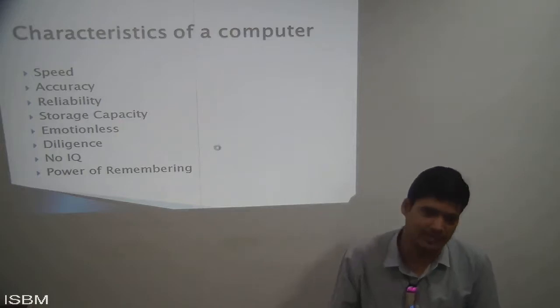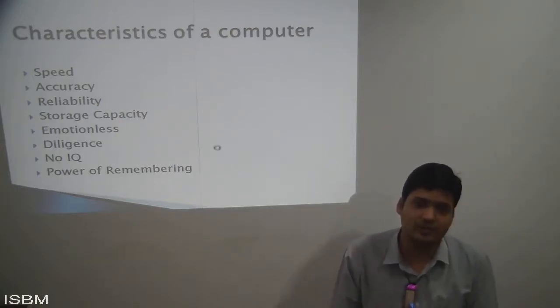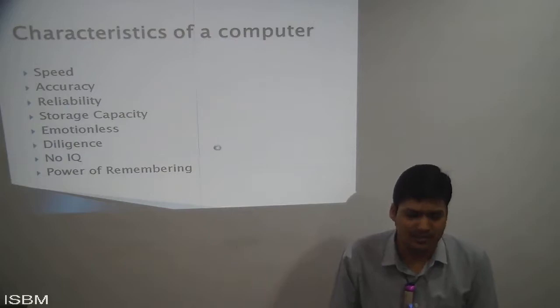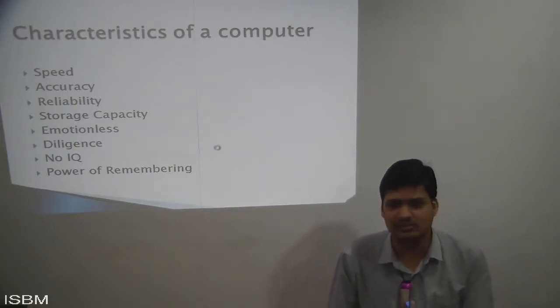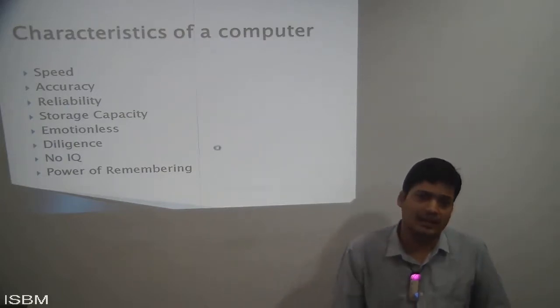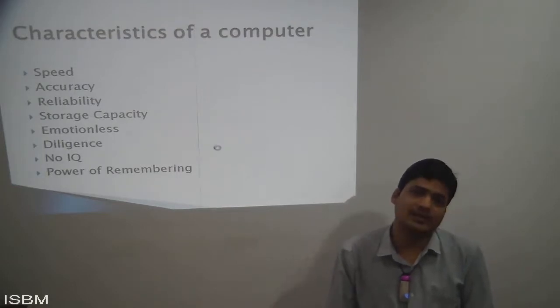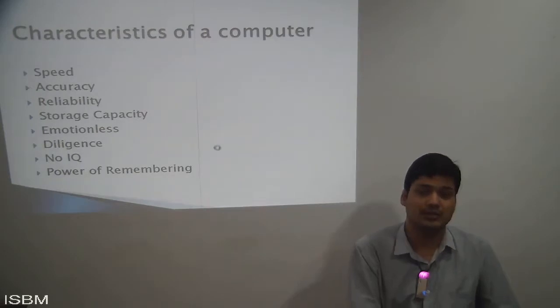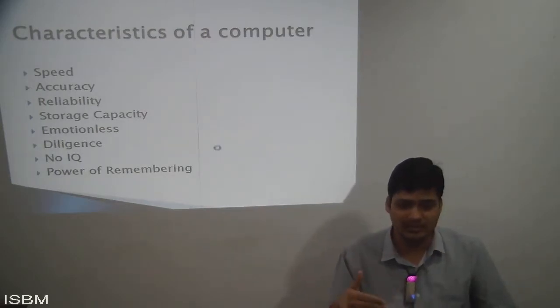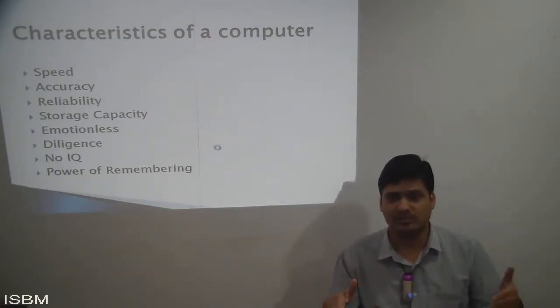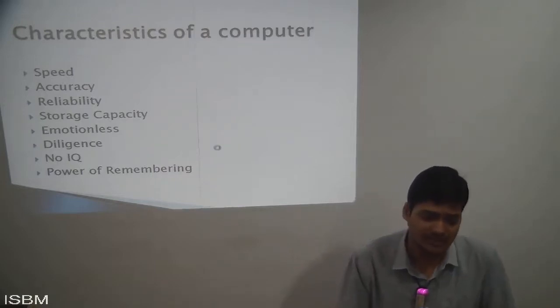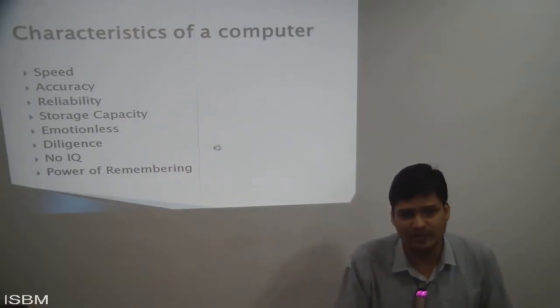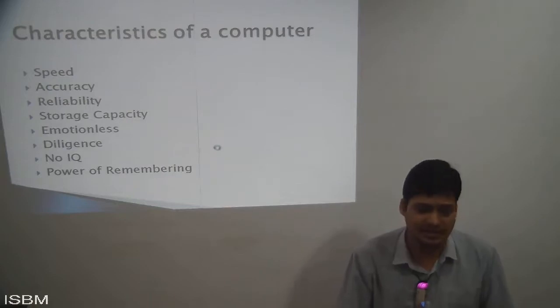If I do not remember where I put that file, in which folder or in which disk, I just search, and I will immediately get it on my desktop. But for a human being, it is too difficult to remember things we have done 2 or 3 years back. So the power of remembering of a computer or system is very high.